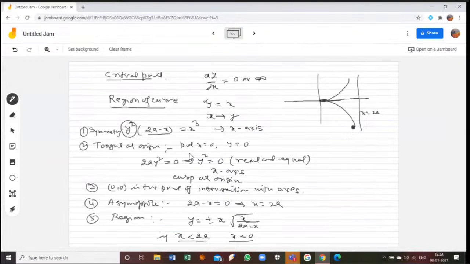The nature of this asymptote is that this curve will not cross the line x equal to 2a. It will go up to infinity, but it will never cross it. And no part of the curve is in x less than 0, because for x less than 0 it becomes imaginary. So totally the curve lies between x equal to 0 and x equal to 2a.